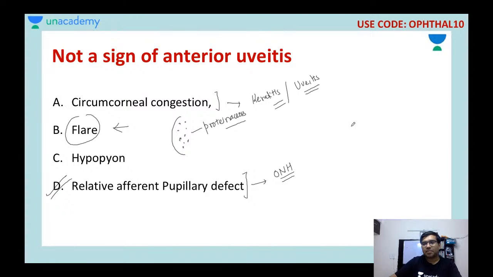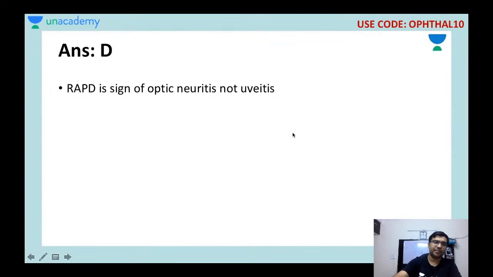Hypopyon is pus in the anterior chamber. This flare and the cells, when they get deposited in the bottom half of the anterior chamber, this is basically called a hypopyon. Remember, hypopyon is pus in the anterior chamber and hyphema is blood in the anterior chamber. Okay, do not get confused between them.